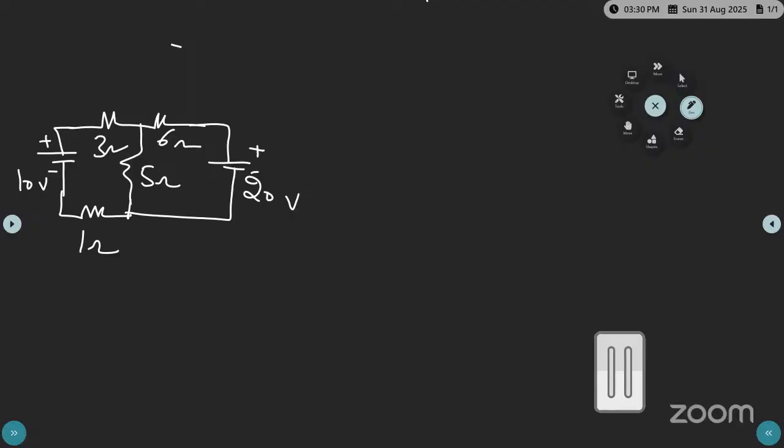So the question is, by using the superposition theorem, calculate the current through the 5 ohm resistor. What do you have to do now? How many sources are there? Two sources. Step 1 is to consider one voltage source and calculate the current through the 5 ohm resistor. Step 2 is to calculate, keeping the 20 volt source, the current in the 5 ohm resistor.